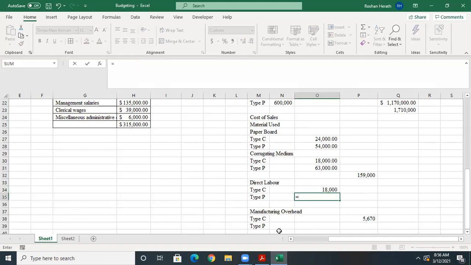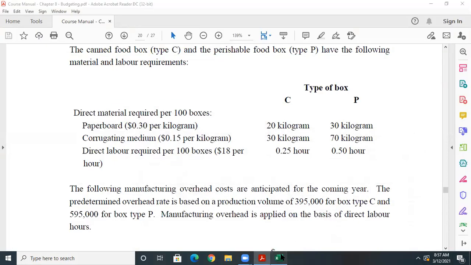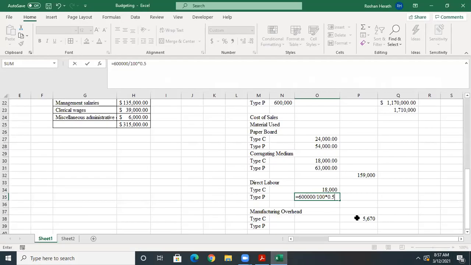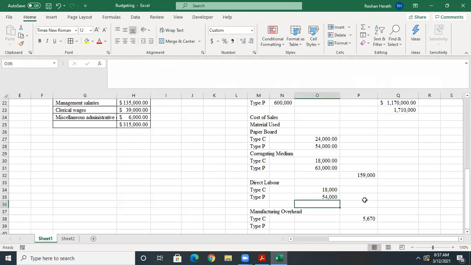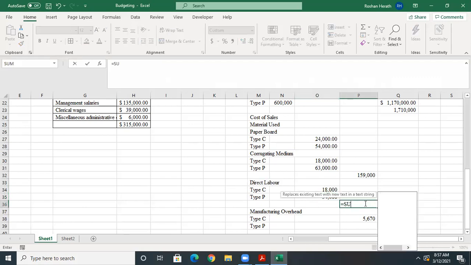And for type P, you need to sell 600,000 units. You produce them in 100 quantities, and it takes 0.5, and the cost is $18. And here comes that particular cost. So this is your direct labor.